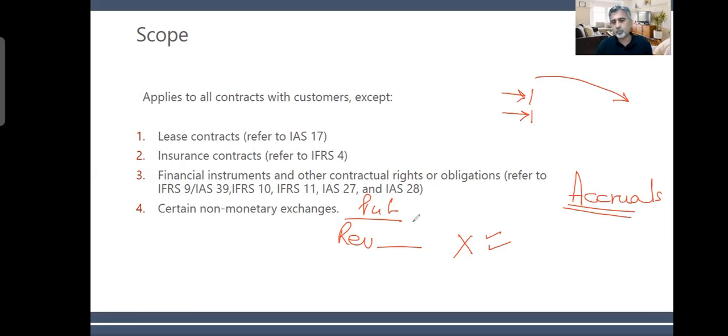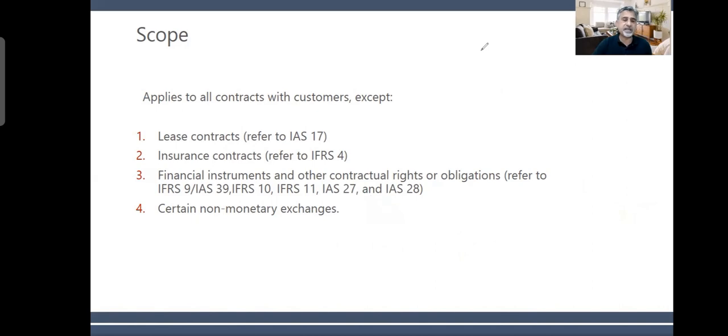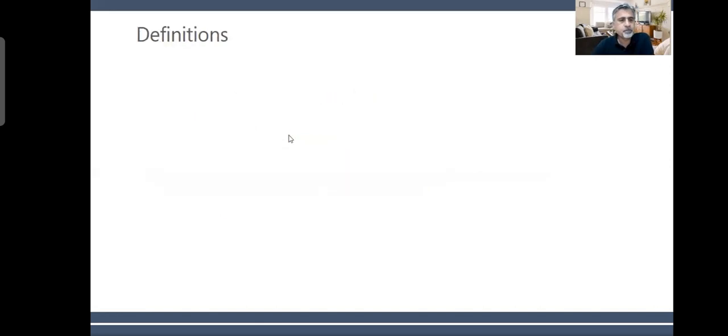So this comes under revenue, the first line. And of course, you might have some other sources of income. Those go to other income or other comprehensive income. But in revenue, only your core activities will come in.